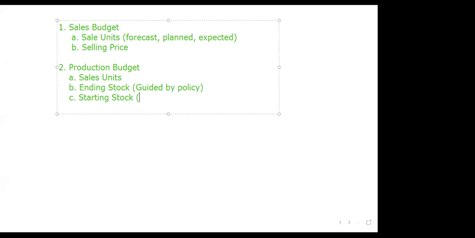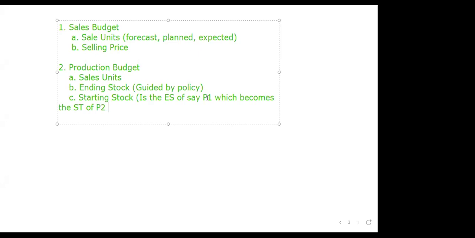So simply I'll say that when you talk about starting stock, it is the ending stock, let me just say ES, the ending stock of, say, period 1, which becomes the starting stock of period 2.